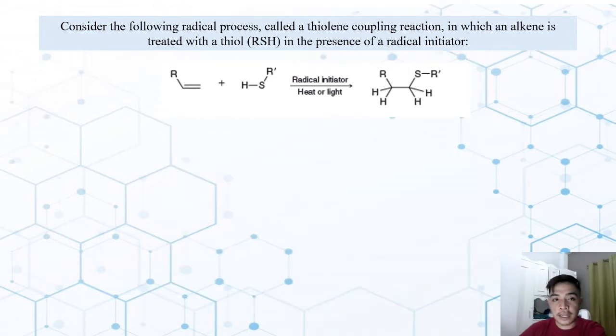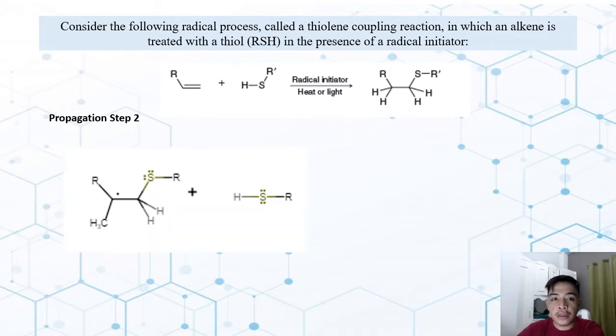For the third step of the radical reaction, this is propagation step 2. For this propagation step 2, there will be a hydrogen abstraction to regenerate the RS radical. From the earlier product from propagation step 1, RSH, the thiol, will be added to the product.